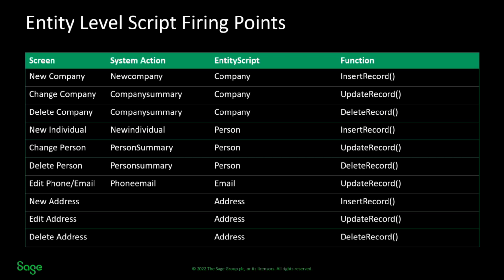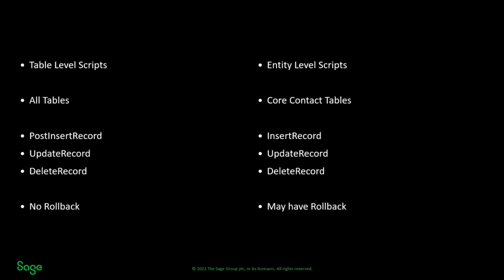And it is only available on the defined function, as you can see here. Address is also included in this, but very often you're entering this in the combination of the person and the company. If we look to see this, the differences are that table level scripts work on all tables, even custom tables.